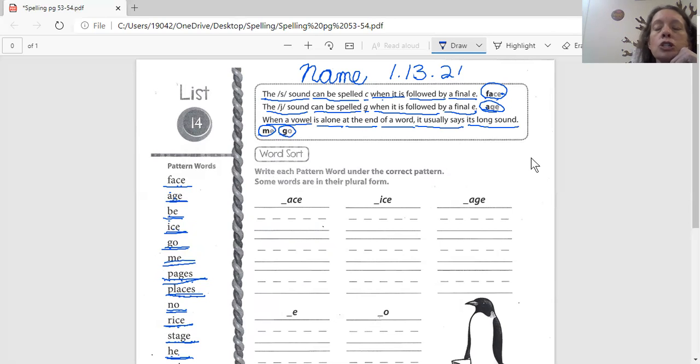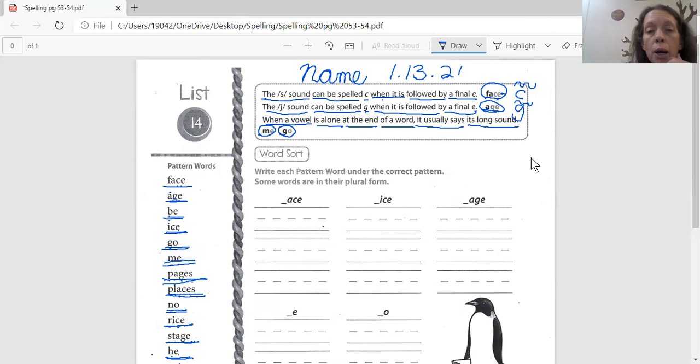Okay, so we've got a couple of spelling word rules that we're focusing on today. This one has to do with the soft C that says sa. Remember, the hard C says ka. And on this one, it's the soft G that says ja, as opposed to the hard G that says ga.